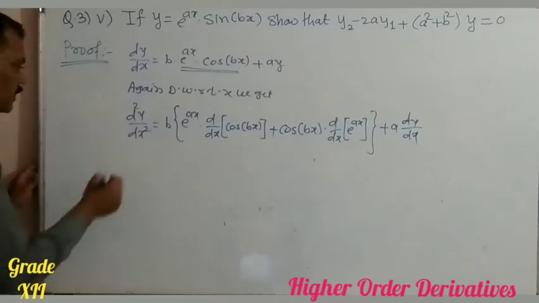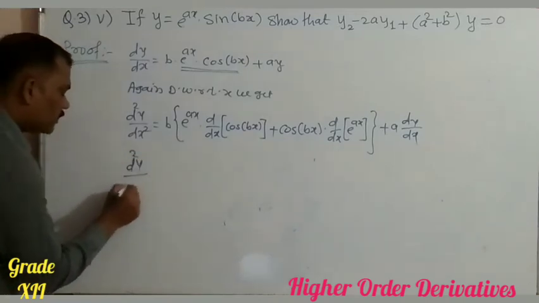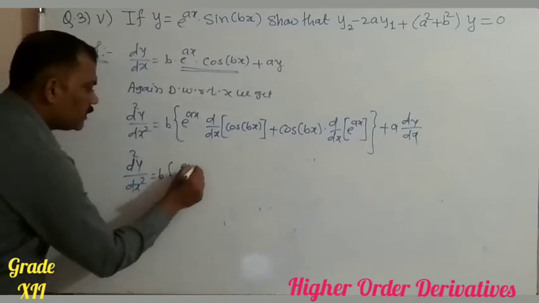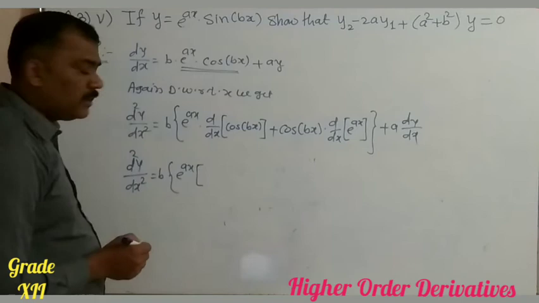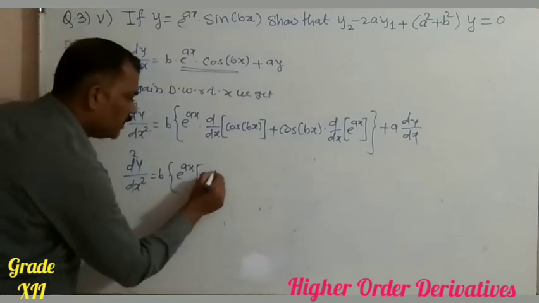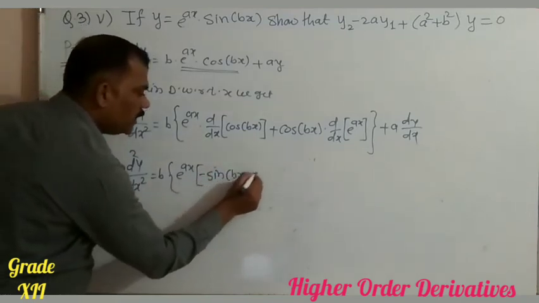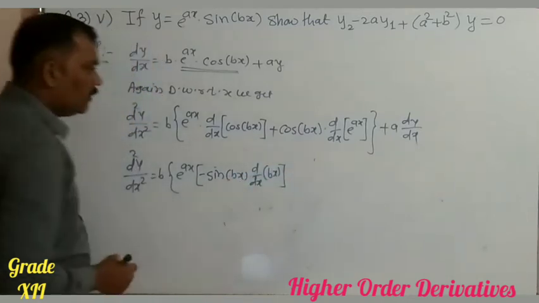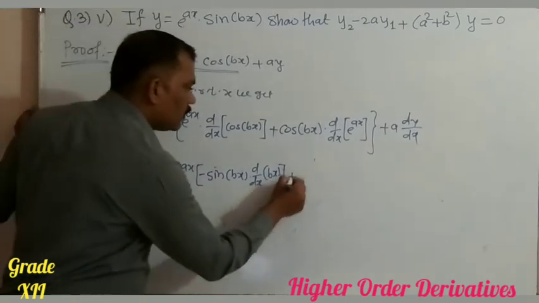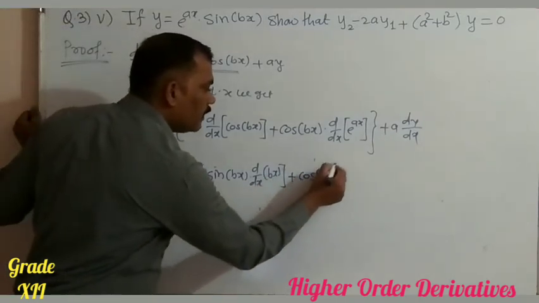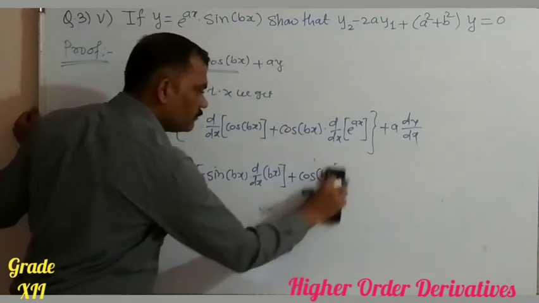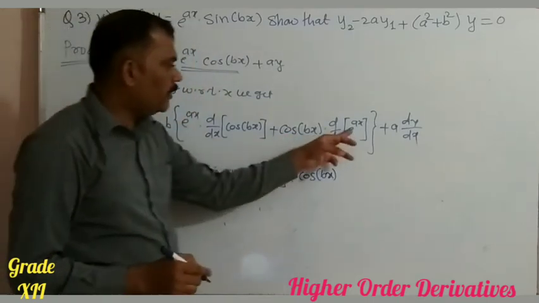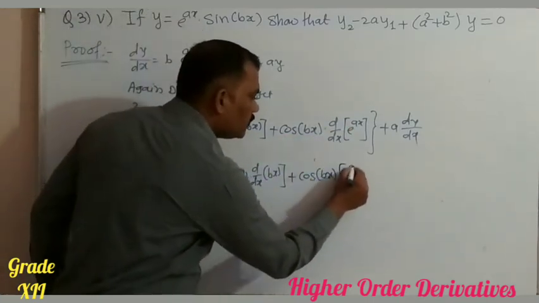So what we have to get here, d2y by dx square is equal to b into e raised to x into curly bracket. First we have to keep the finger on cos. What is the derivative of cos? Nothing but the sine, that is sine of bx into d/dx of bx, plus cos of bx into d/dx of e raised to x, it is nothing but e raised to x.